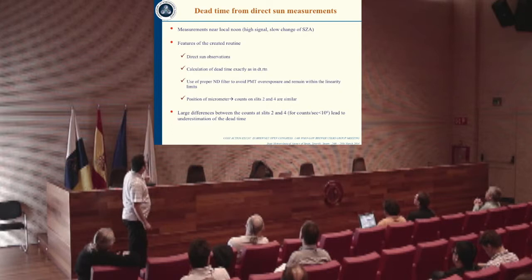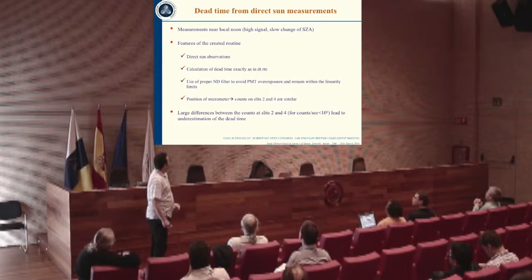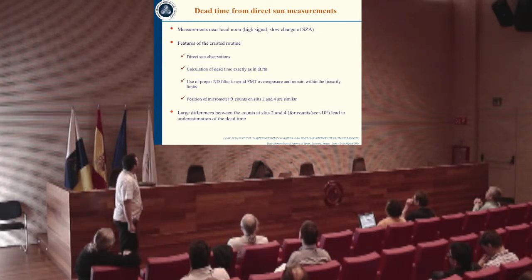To calculate the dead time from the sun, we created a routine which we implement near the local noon in order to have high signal and slow change of solar zenith angle. There are two main features of the created routine which I should notice.